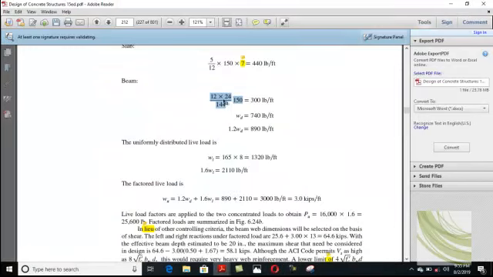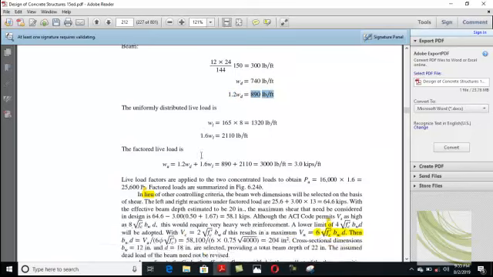So 12 multiplied by 24, dividing by 144 to convert this square inch area into square foot, and multiply by the density gives you 300 pounds per foot. Add these two, giving you 740 total dead load. Now multiplied with factor 1.2 gives you factored dead load, that is 890 pounds per foot.